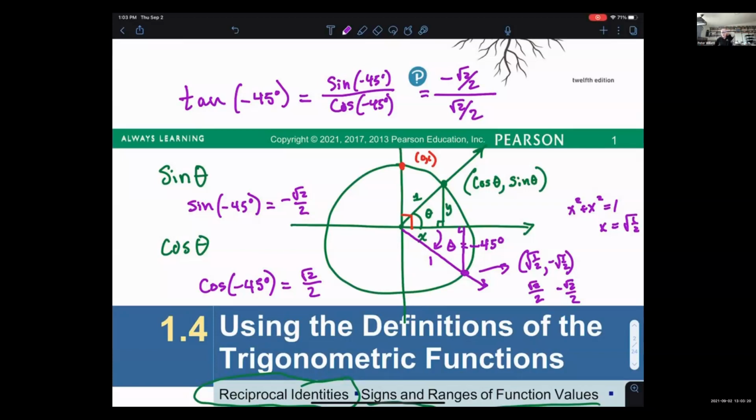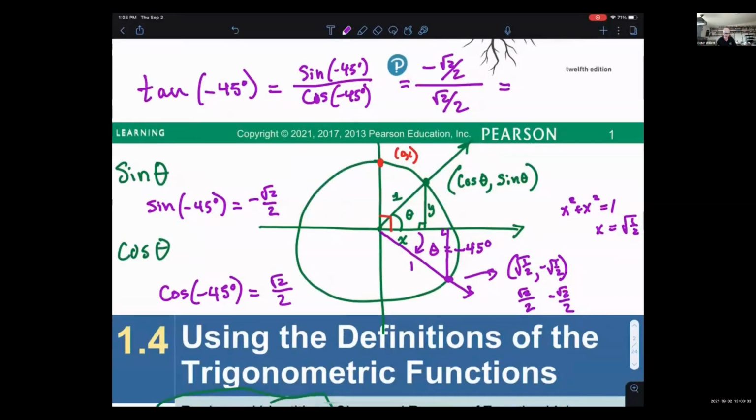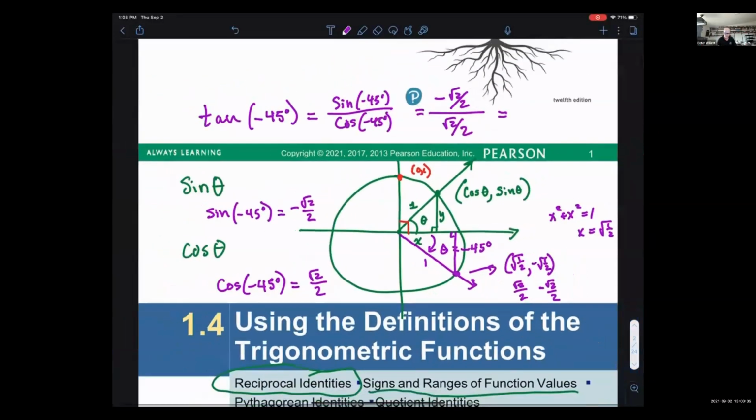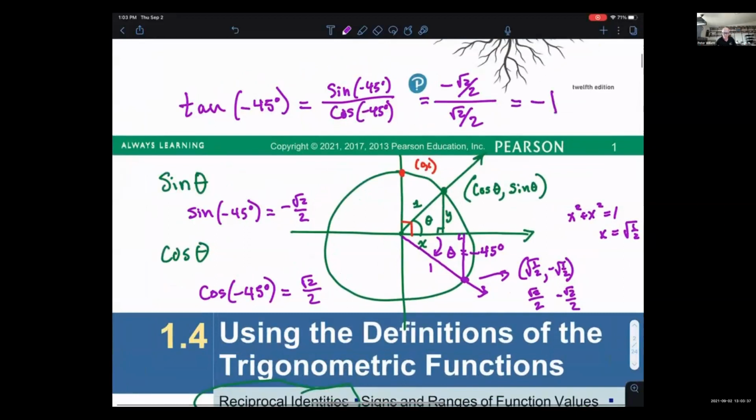But in this case, the numbers are exactly the same number, just one's negative and one's positive. When you divide a number by itself, you get 1. And when you divide a negative by a positive, you get a negative. So this just simplifies to -1. So tan of negative 45 degrees is -1.